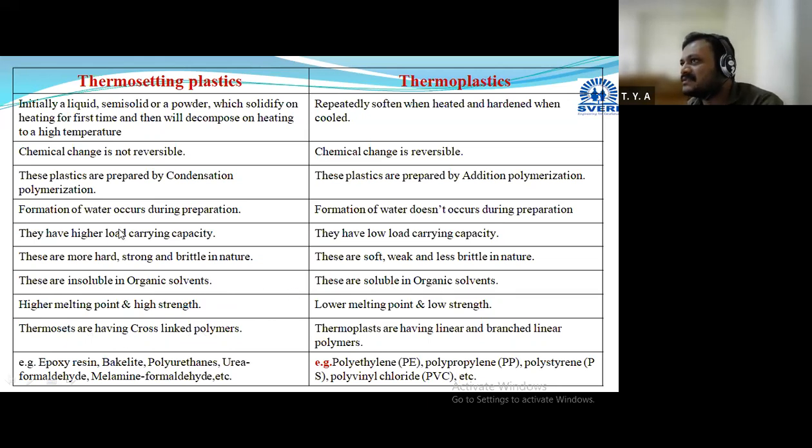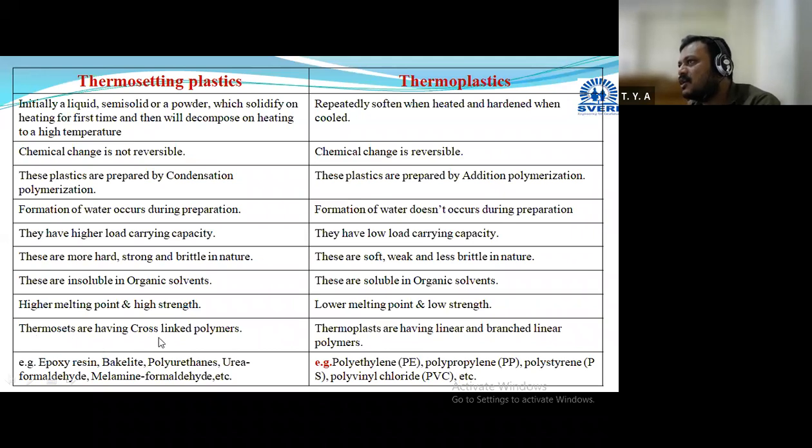All these characteristics are due to the bonds between the molecules. Then higher melting point and high strength are due to the cross-linking bond only. These have low melting points and low strength. Here that property is mentioned.